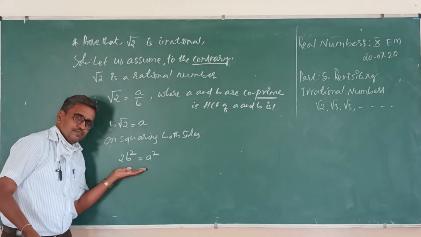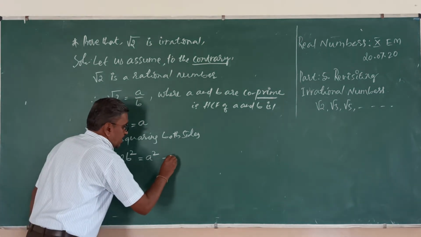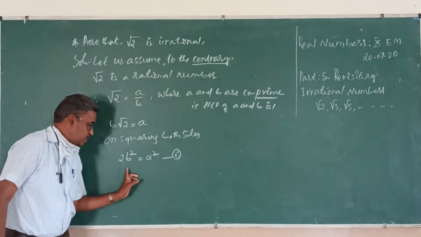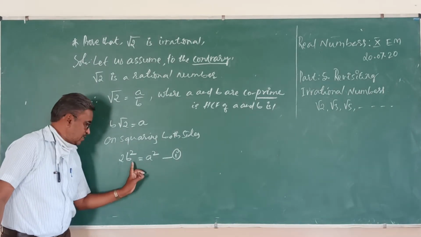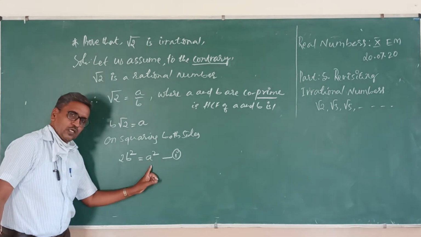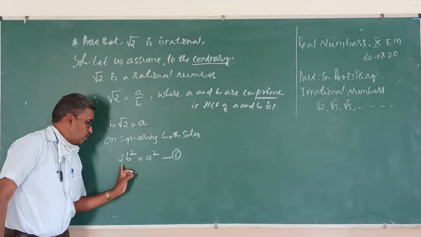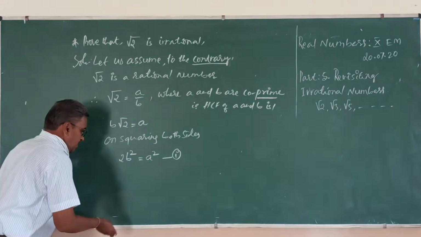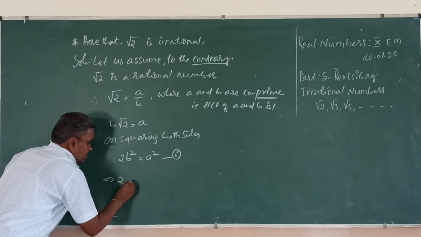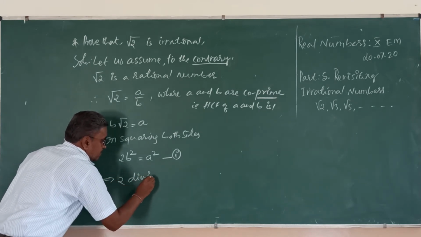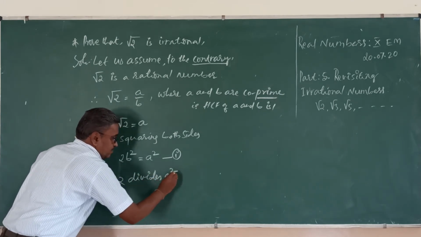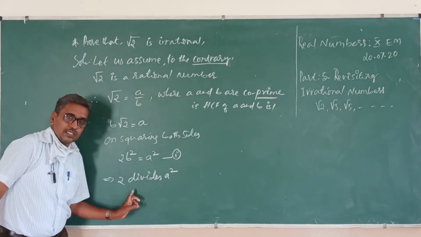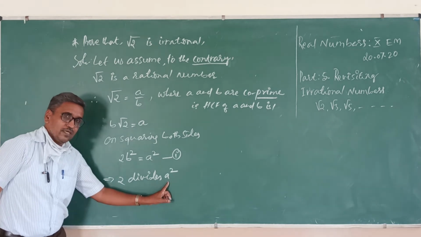What does it tell? 2b square equal to a square means b square equals a square by 2. It means 2 divides a square. 2 is a prime number and a is a positive integer.